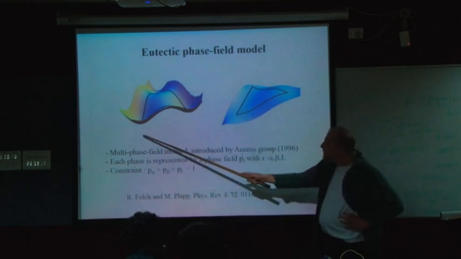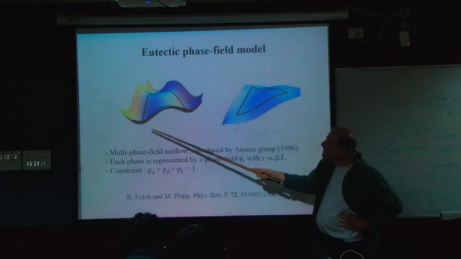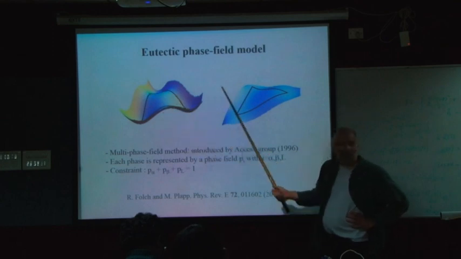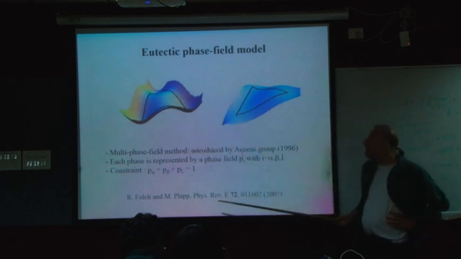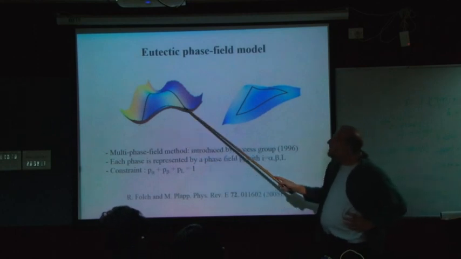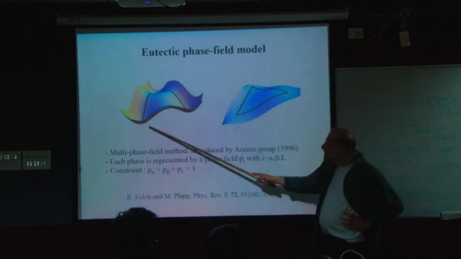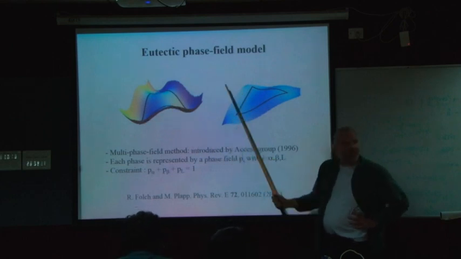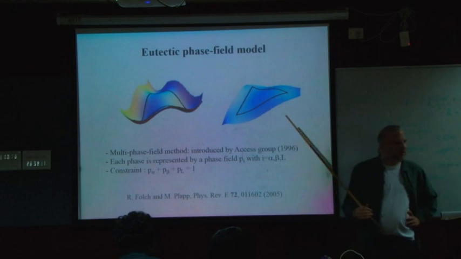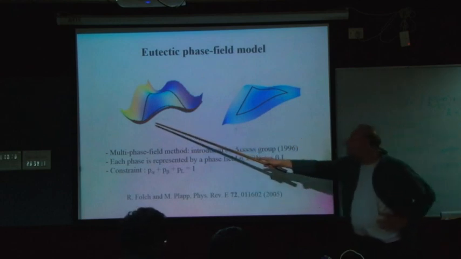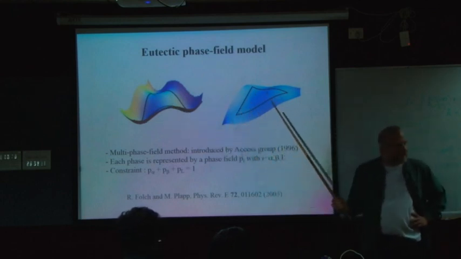That is, you imagine P1 here and P2 there. And you see that the free energy now is a surface that exhibits 3 minima. So obviously the 3 minima correspond to the 3 possible phases. And the black lines here that go from one minimum to the other are the interface solutions between this phase and that phase. Okay?